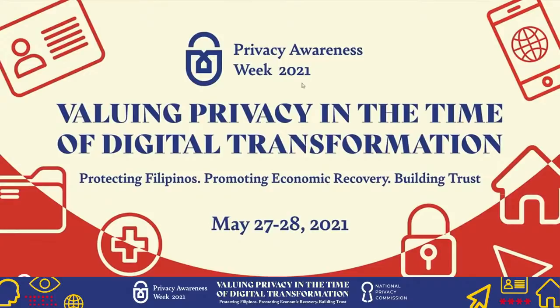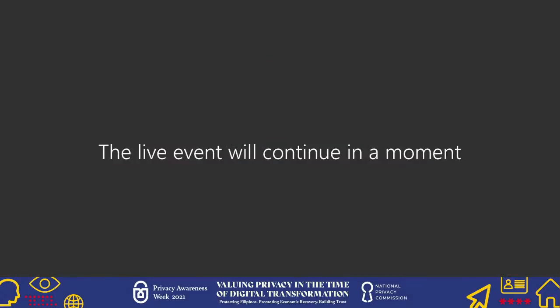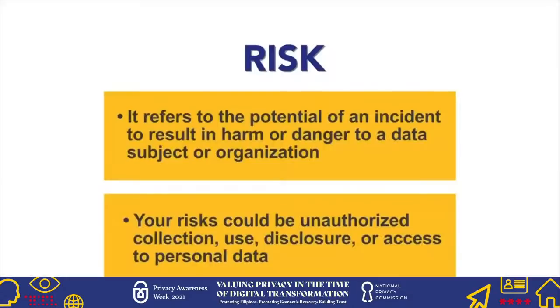Now let's talk about privacy risk management. To understand this better, we need to start by defining risk. It refers to the potential of an incident to result in harm or danger to a data subject or organization, including unauthorized collection, use, disclosure or access to personal data.